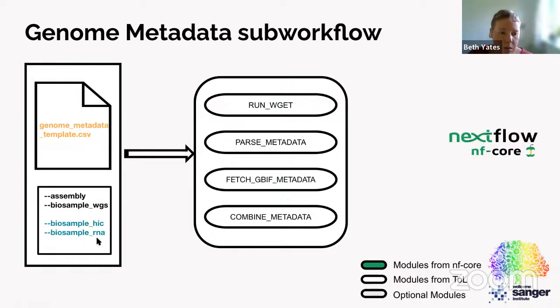So we use the input metadata, we combine that with the list of the files, and then we run a series of wget commands, which is basically just a way of making an API call. So the pipeline will say, get me this file. We'll do that for all of the files that are mentioned within this template.